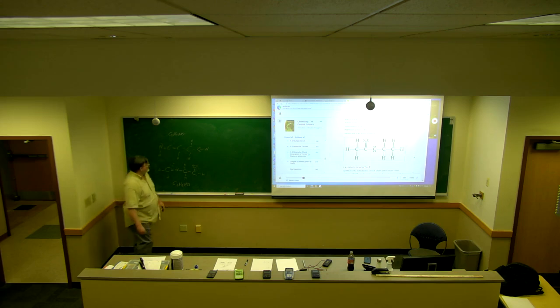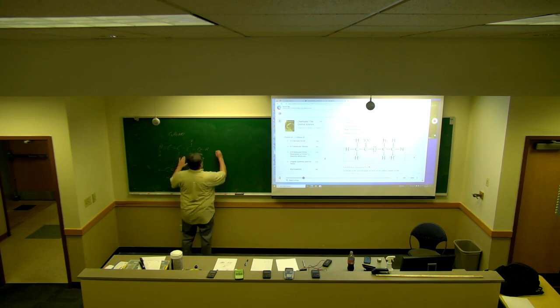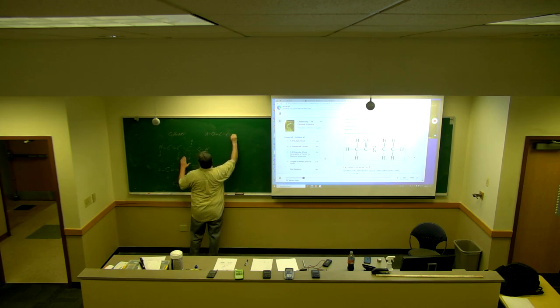One thing to notice here, if I had a third one here, that would be the H upwards. That's a double bond. Missing a double bond.